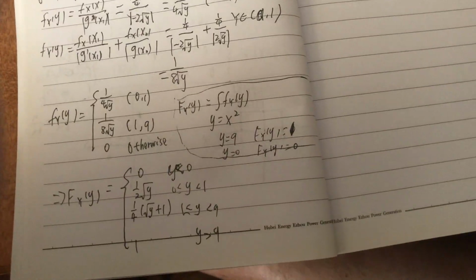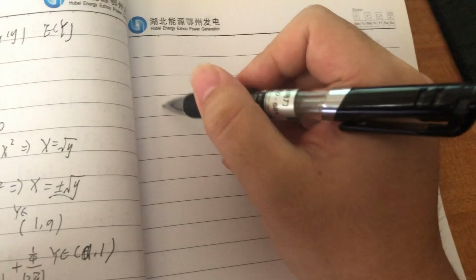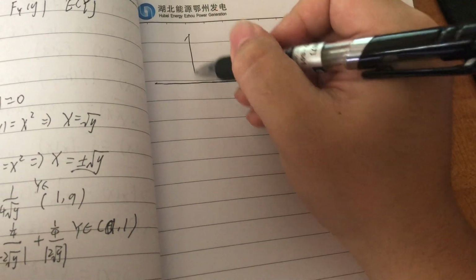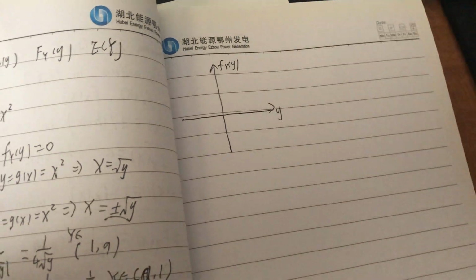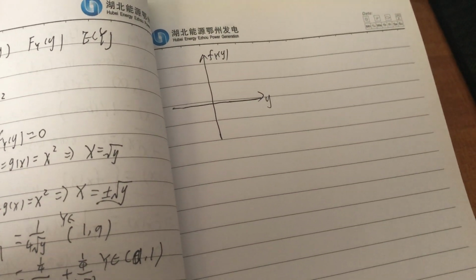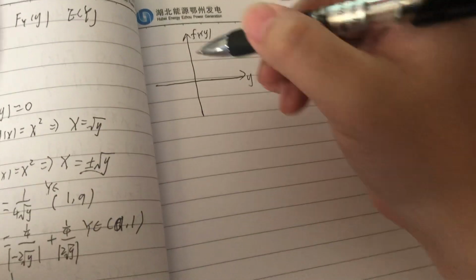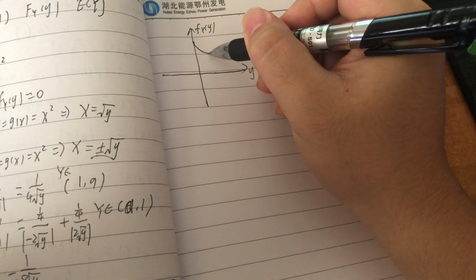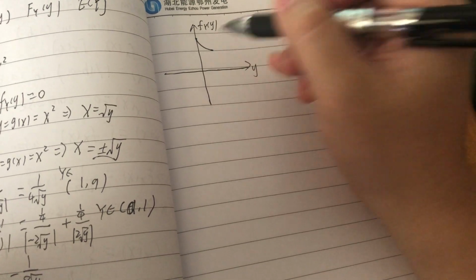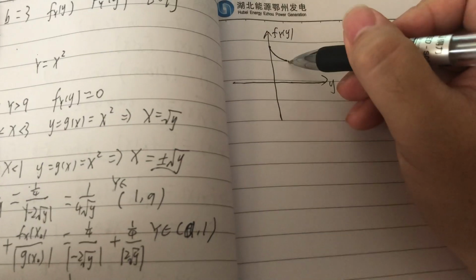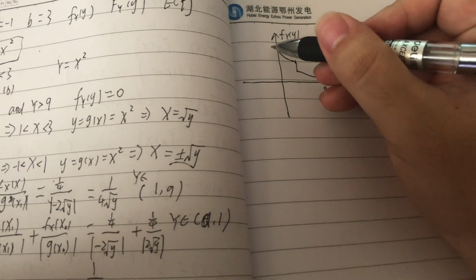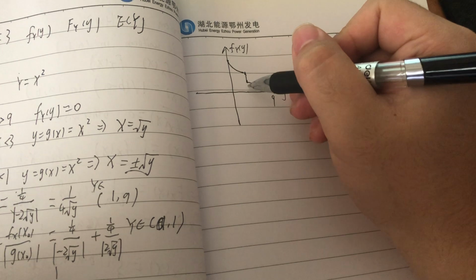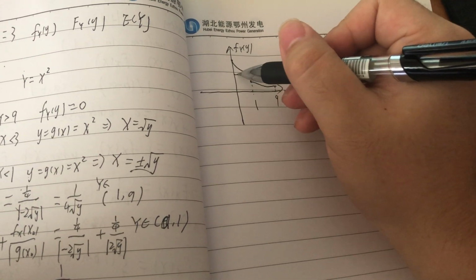The graph is easy because we have the function like here. f(y) and y like here, and we have here when 0 to 1, like here, and we have 1 to 9 like here, 9, and 1. We just plug in the number.